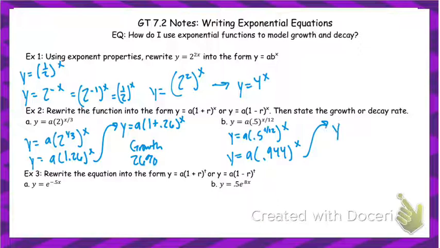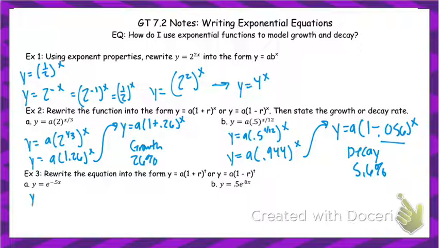Well, now I can rewrite that as 1 minus 0.056 to the x. So we know this is showing decay, and now we can tell specifically it's showing a 5.6% decay.